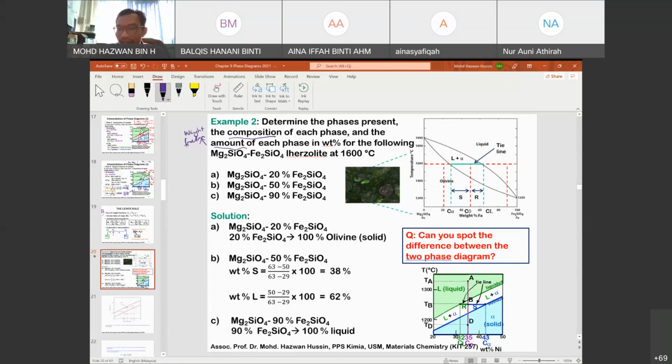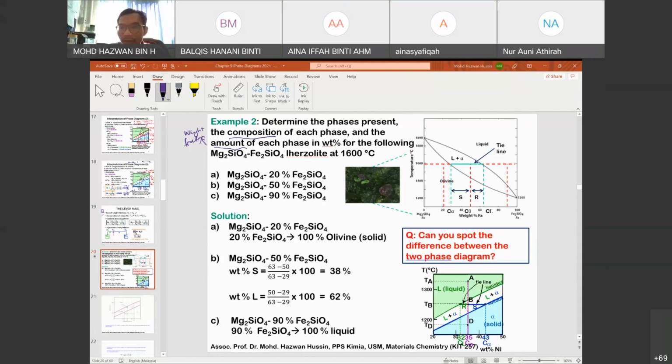So for B, Irsalina, are you there? Yes, Doctor. Okay, all right. So Irsalina, can you try for B? Look at 50% of iron silicate. I want you to determine the phase first, and then after that the composition, and finally the weight fraction. And then lastly, Kamala.